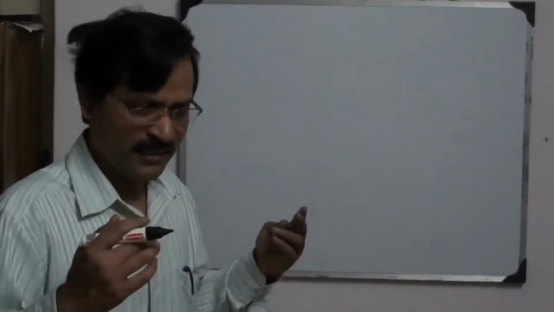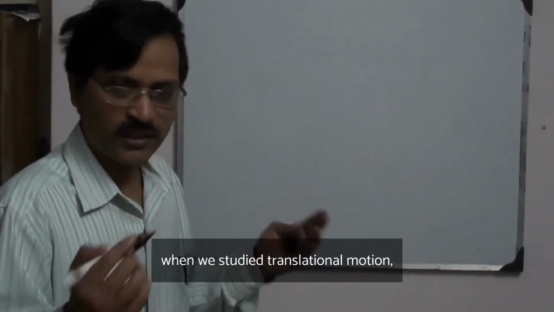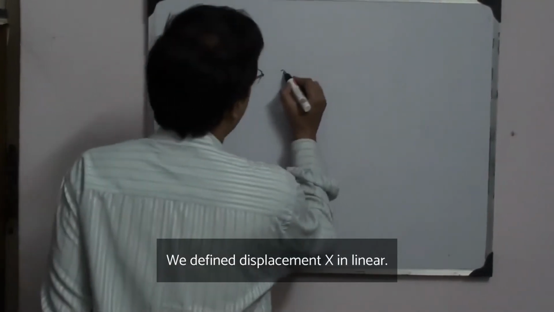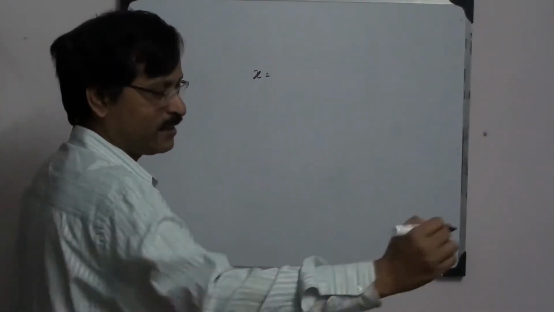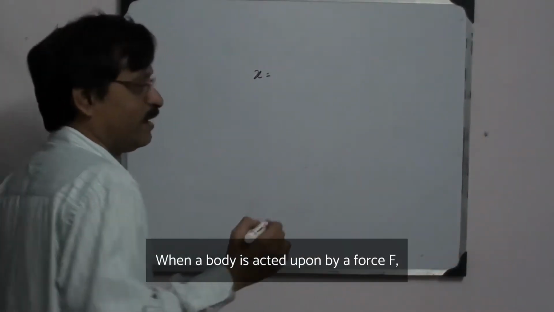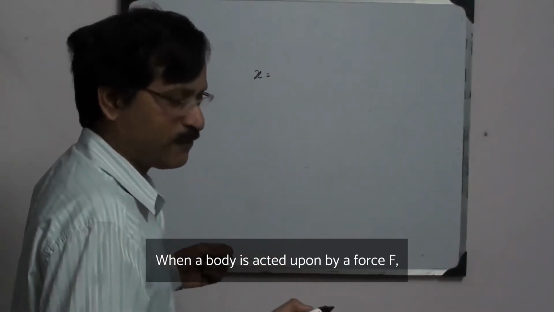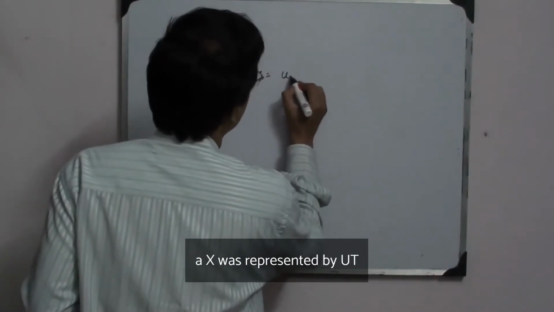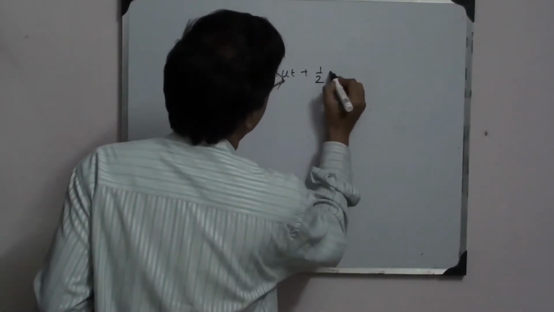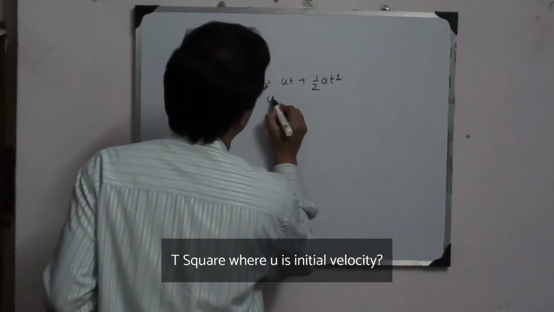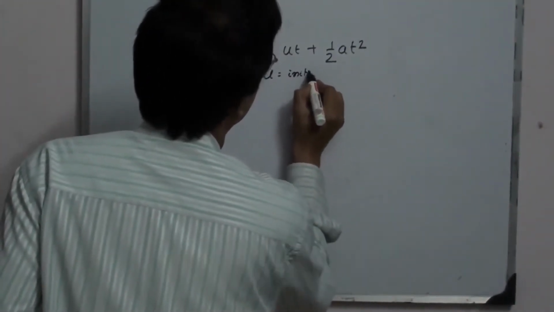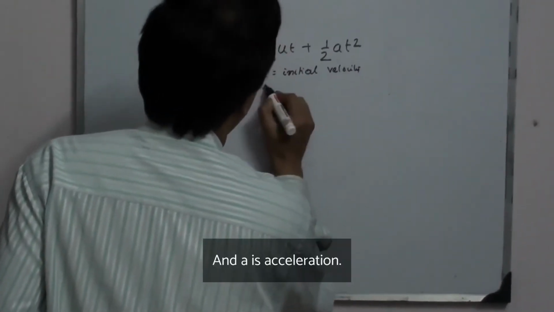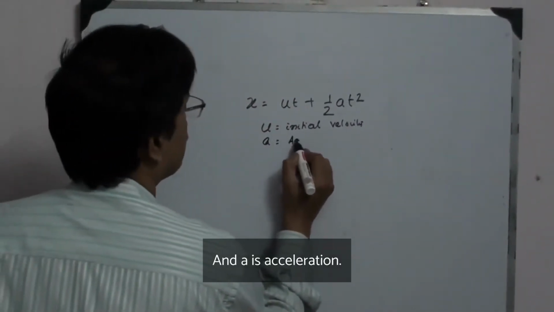You have seen in the earlier part of physics, when we studied translational motion, we defined displacement x in a linear case when a body is acted upon by a force F and there is an acceleration a. x was represented by ut plus half a t square, where u is initial velocity and a is acceleration.